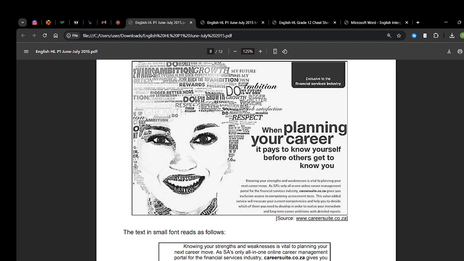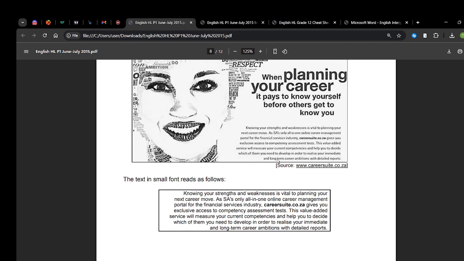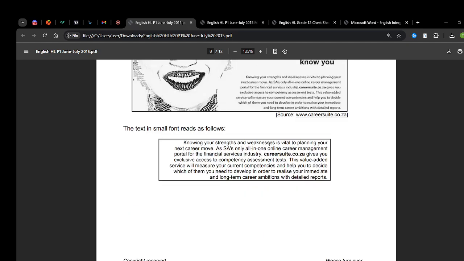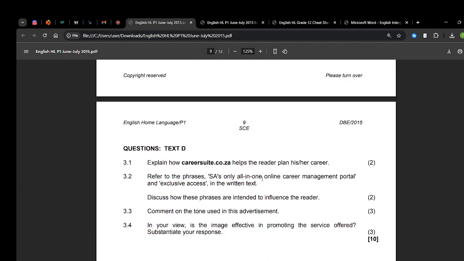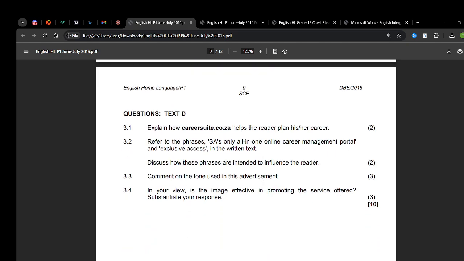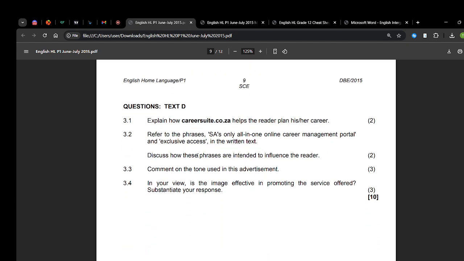These planning your career words are in a bigger font size, just taking note of the small things. The website here is in bold, those type of things. So I think we've analyzed that ad. We haven't really been asked anything else, so now we can go into the questions and see how we can try and get these 10 marks on offer here.